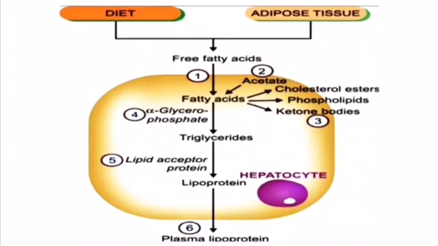Free fatty acids we get from diet or adipose tissues and from acetate also, and these free fatty acids are further converted into triglycerides in the presence of alpha glycerophosphate, and triglycerides are further converted into lipoprotein in the presence of lipid acceptor protein, and these are distributed as plasma lipoproteins into the blood.